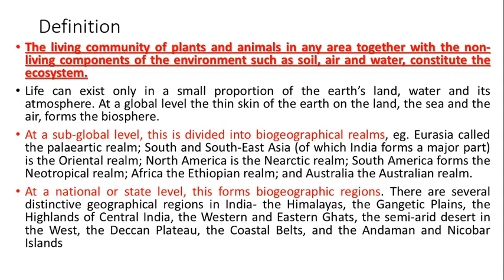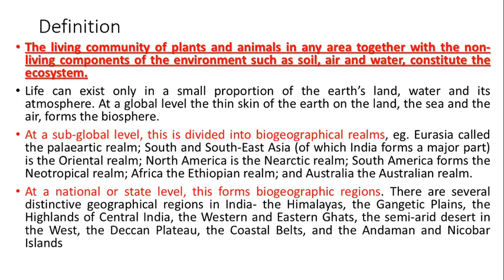North America is the Arctic realm, and South America forms the Neotropical realm. Africa is in the Ethiopian realm, and Australia comes in the Australian realm. These are some of the important terms you can mark here. It could be asked in multiple choice.